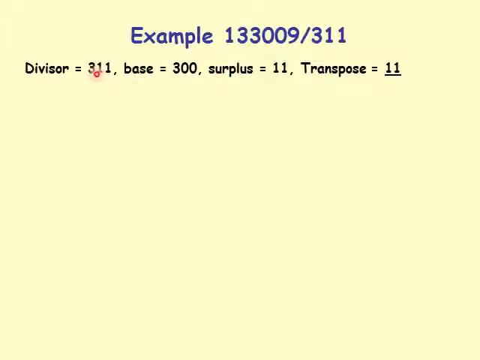Surplus of divisor 311 from a chosen base of 300 is 11, and transpose of this surplus is negative 11. Two-step division is 100 times 3. 300 is chosen base, 100 is the natural base, and 3 is the other factor. Okay. We would first divide by 100, then by 3, and make any adjustments.